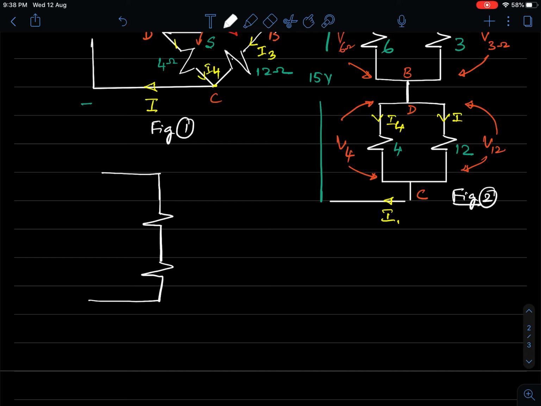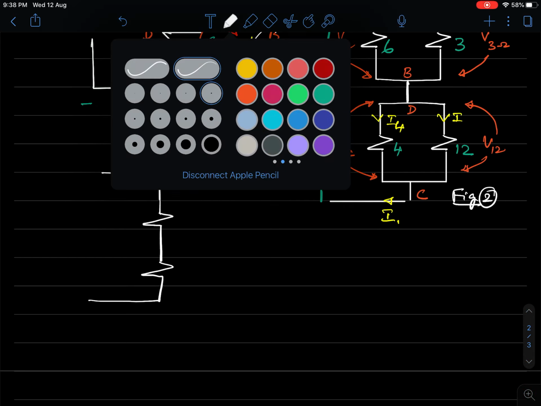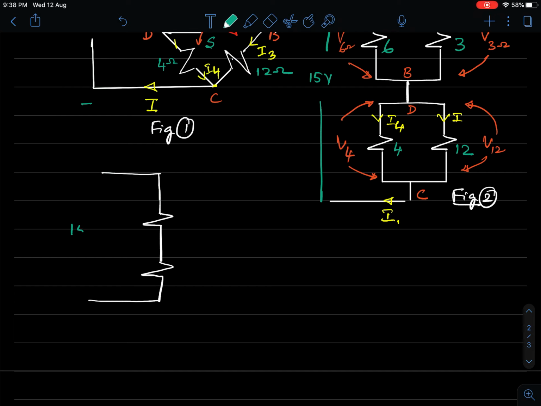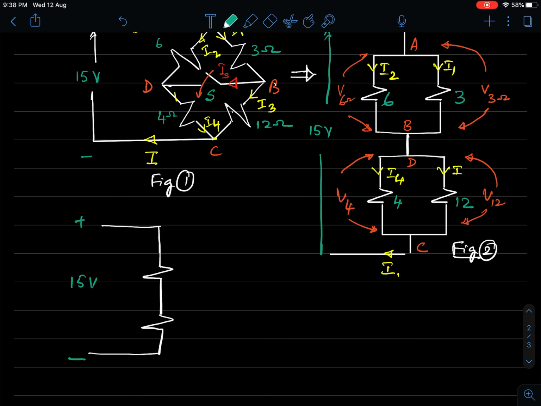This is my 15 volt, positive, negative, and what is this resistance? This is 6 into 3, the parallel combination, divided by 6 plus 3. 18 by 9, 2 ohms.